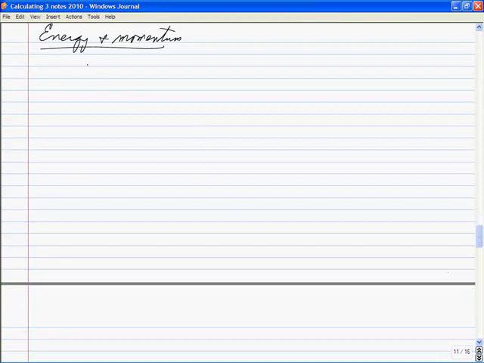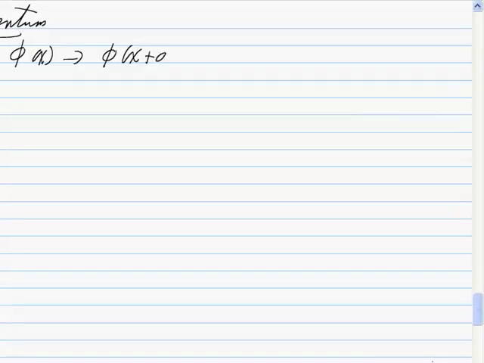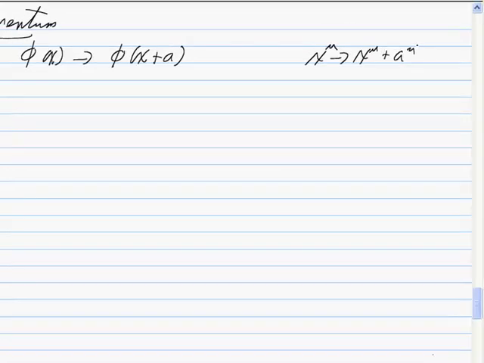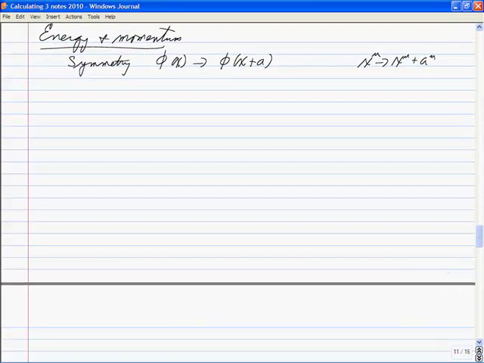We're going to let phi(x) go to phi(x + a), where x^μ goes to x^μ + a^μ. That's a space and time shift.